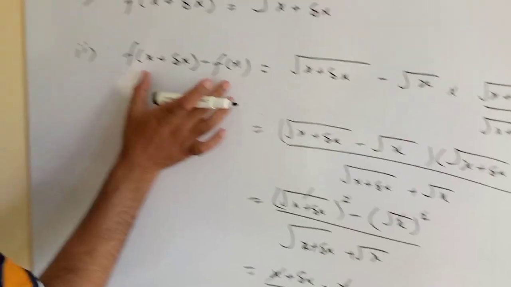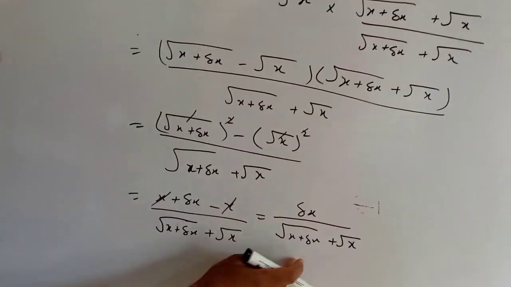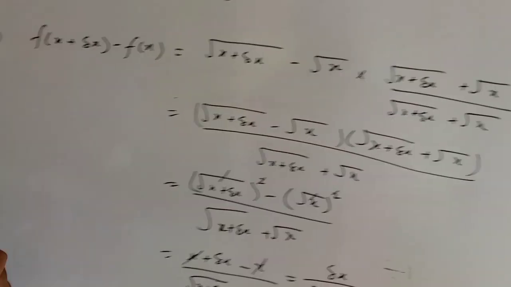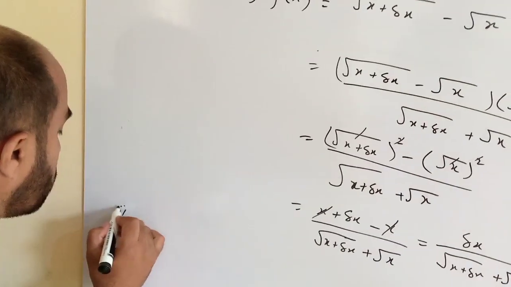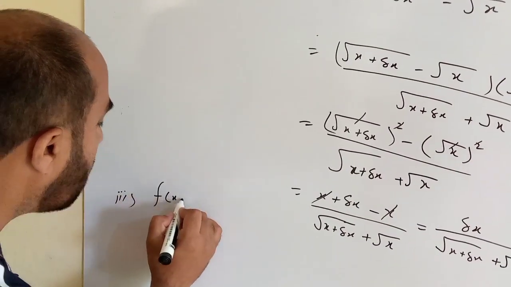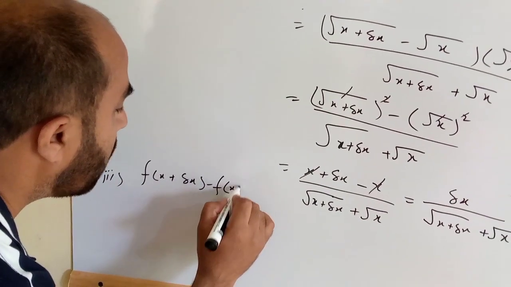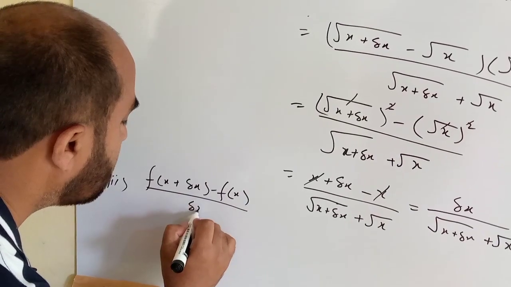Now we have to divide this term by delta x, which is our step 3. In step 3 we divide f of x plus delta x minus f of x by delta x.